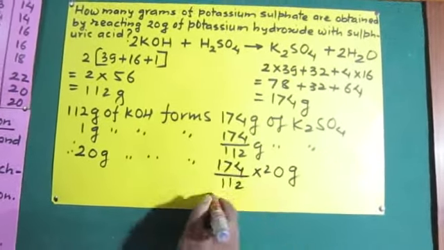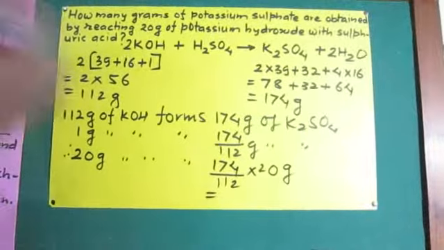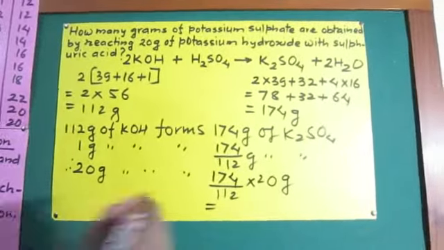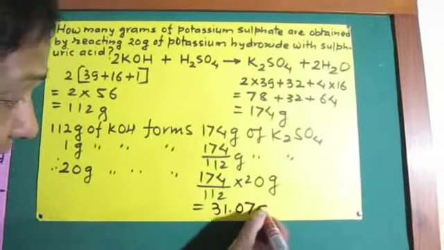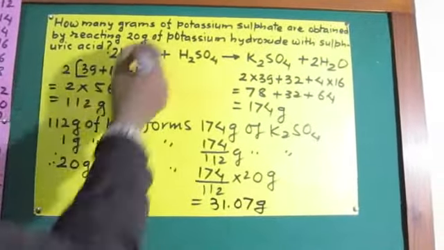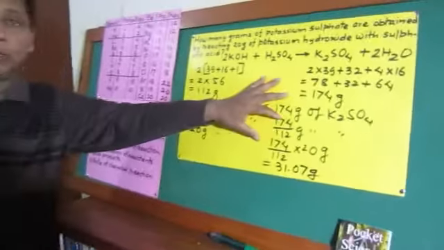If we multiply 174 with 20 and divide by 112, then we'll get 31.07 gram of potassium sulfate. This way we can solve this numerical problem.